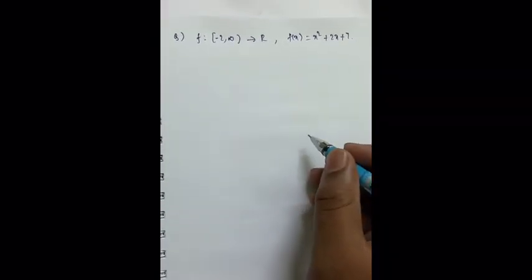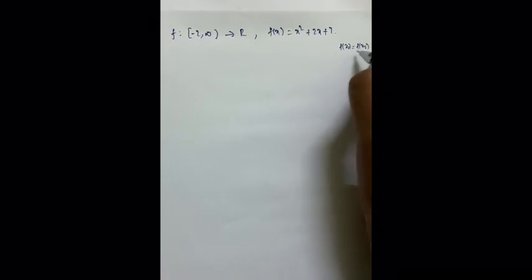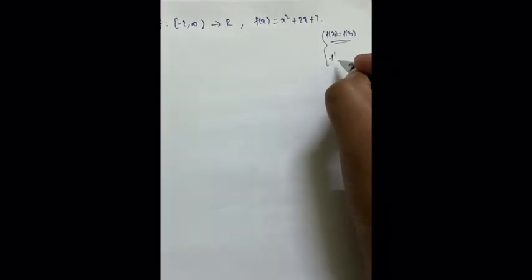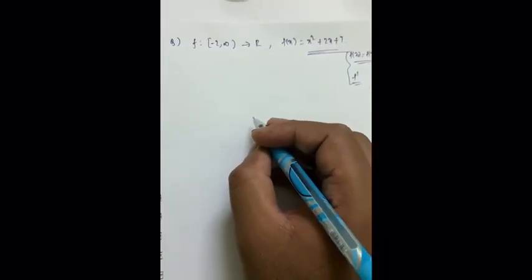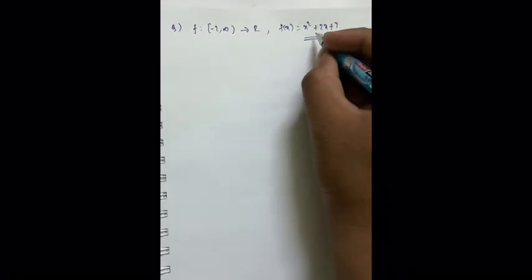Again, whatever methods you have, f of x1 equals f of x2, those are all there, but here I will choose the derivative method because this function is continuous, right? And if you understand the meaning of differentiability, this function is differentiable also, so we will go for the derivative method.